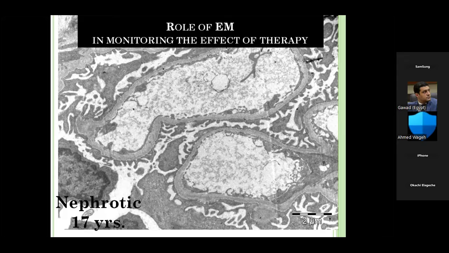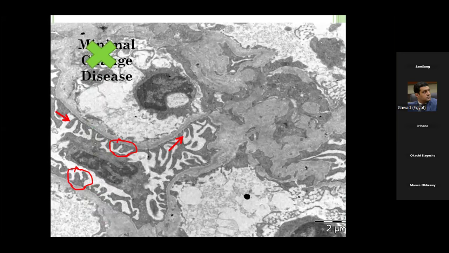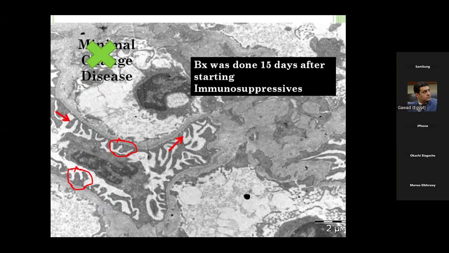So this is a case of a nephrotic female, 17 years old, thought to be minimal change disease, and she had a biopsy. Her EM was like that. It's almost normal, not effaced, except for this small segment and this one. The rest of the podocytes are totally normal. So it's not minimal change disease. We had no history regarding this female, just nephrotic and no other clinical data.